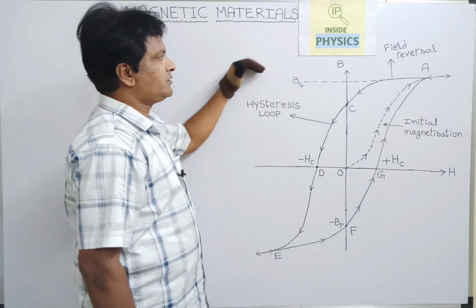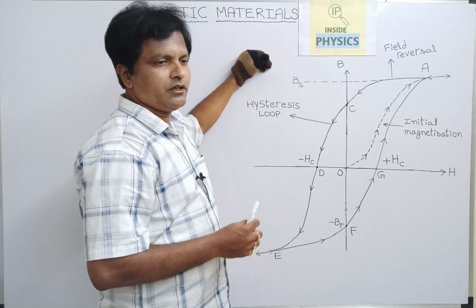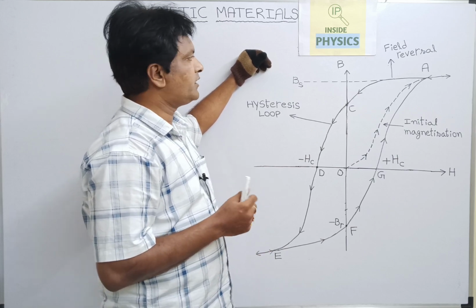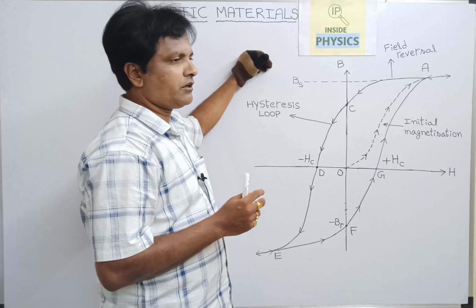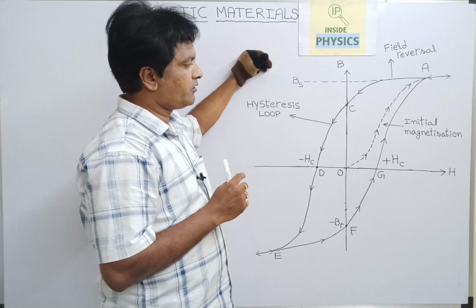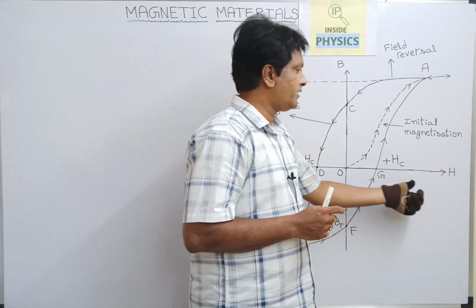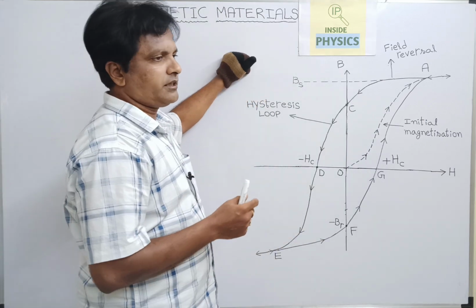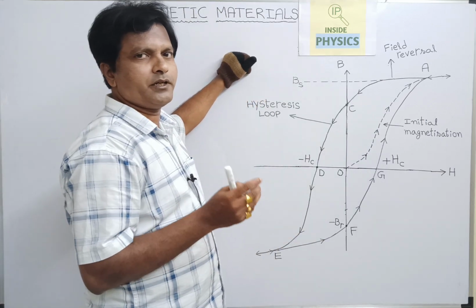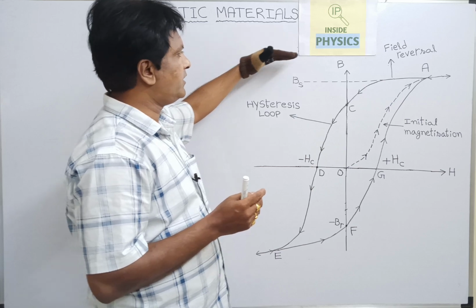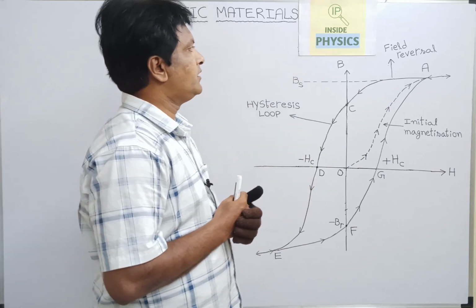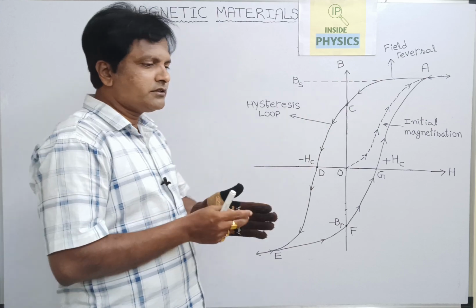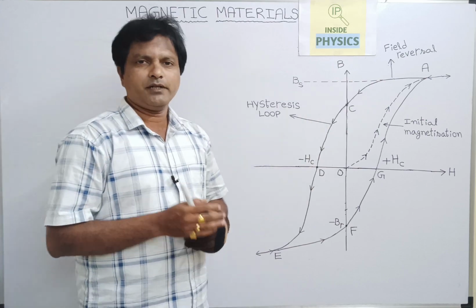Saturation is where all the magnetic dipoles inside a ferromagnetic material are oriented in the direction of the magnetic field, the magnetization is complete, and it reaches a saturation limit. So the flux density or magnetic induction causes the magnetization.